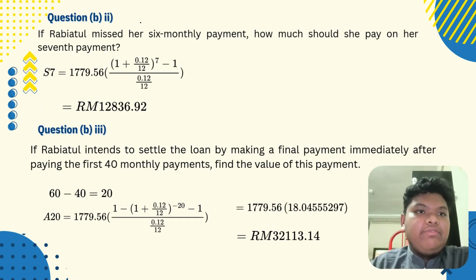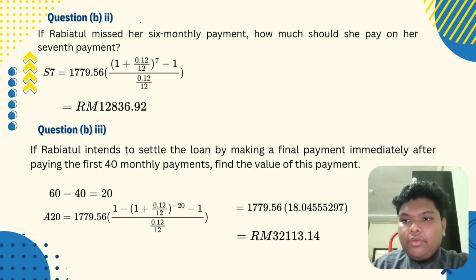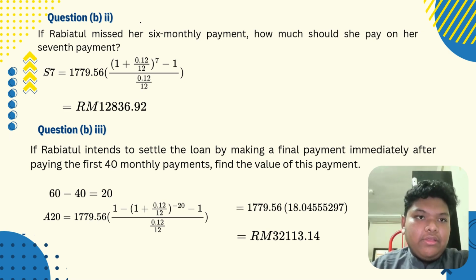Question B, 2 Roman. If Rabiatul misses 6 monthly payments, how much should she pay on her 7th payment? For this question, we use the future value of an annuity formula. So S7 equals 1779.56[((1 + 0.12/12)^7 − 1)/(0.12/12)].